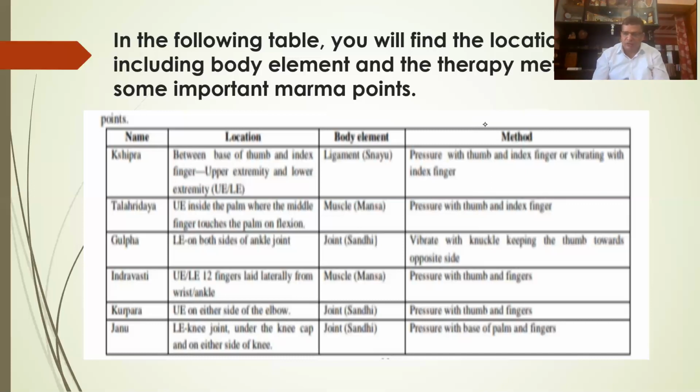Another important Marma point, which I explained in detail, is Purpar, in the upper extremity, on either side of the elbow. It is a joint, Sandhi Marma, pressure with thumb and finger. Thumb and finger, this way. And the Janu Marma is in the joint of the lower limb, and you all know this is the Sandhi Marma, joint Marma.